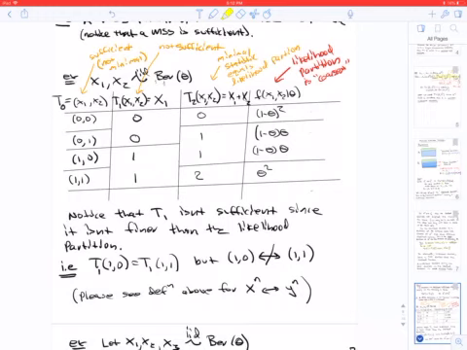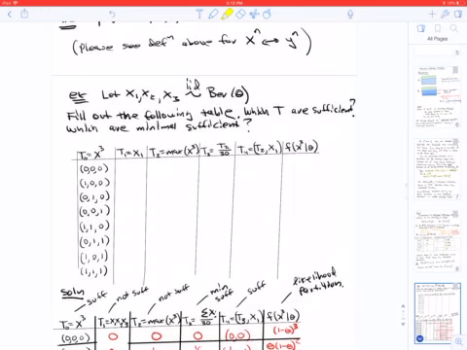So we see that T1 of (1, 0) and T1 of (1, 1) are both 1, but (1, 0) is not in the same equivalence class as (1, 1) in the likelihood partition. As you can see, they're in different equivalence classes. Hence, T1 is not sufficient.